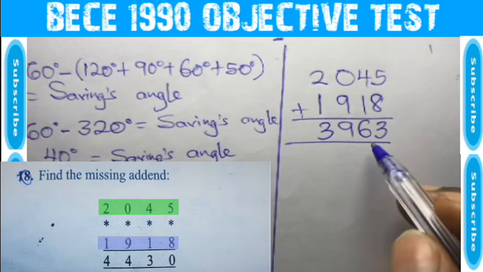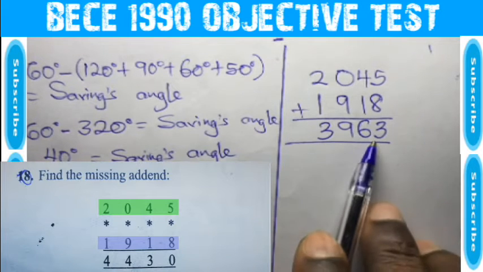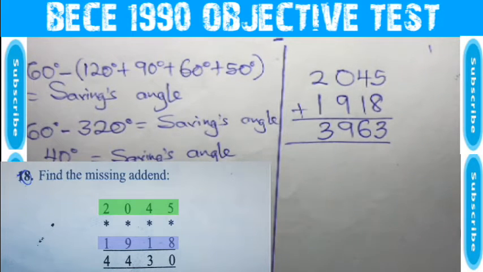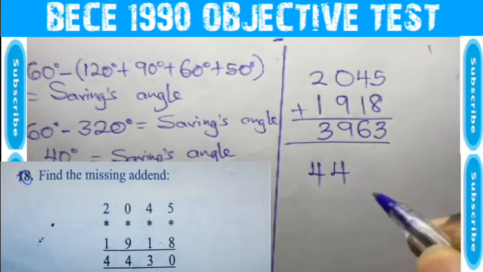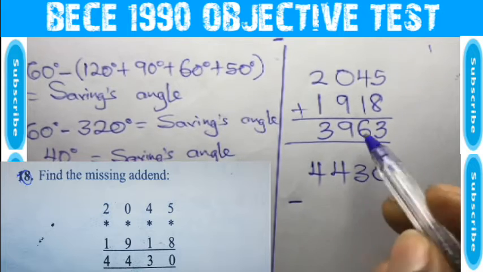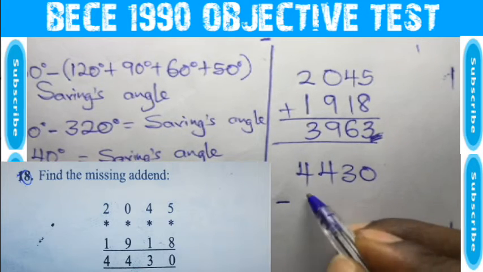So this is what we have for the sum. And then we subtract this sum from 4,430. So we write 4,430, then subtract this from it.